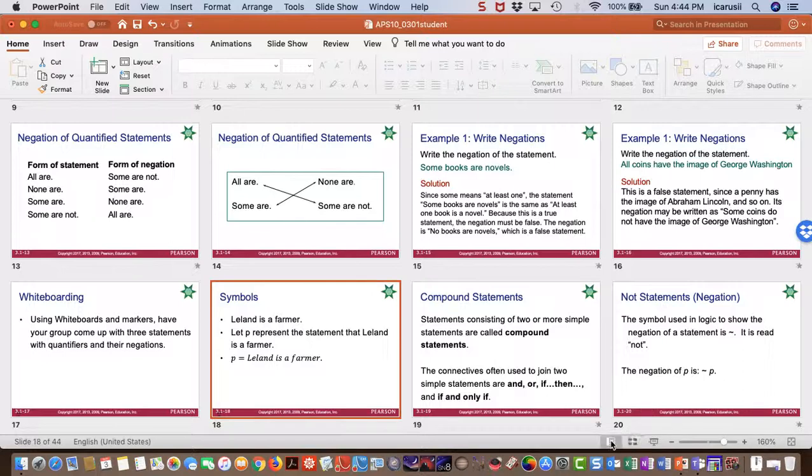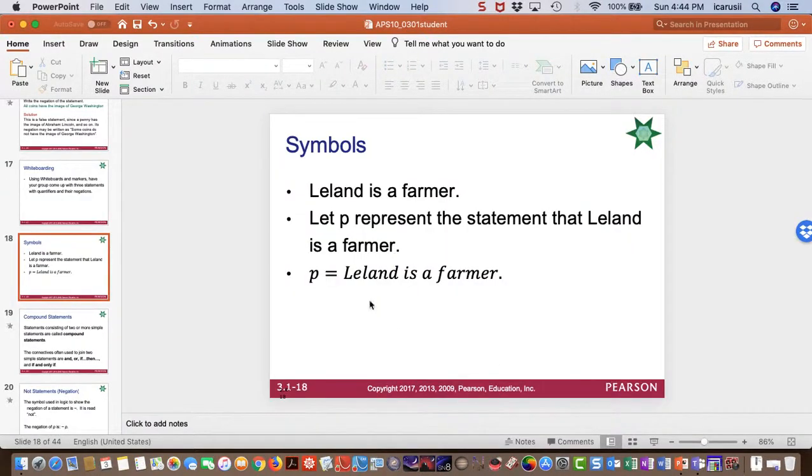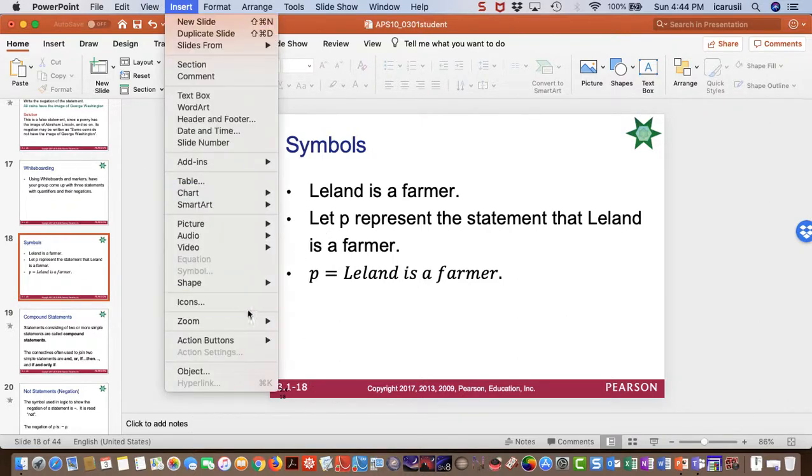Now I'm going to actually escape the show for a moment and look at this particular slide. Leland is a farmer. So if I want to negate that and say Leland is not a farmer, then I can represent this symbolically as well. So I'm going to insert an equation.